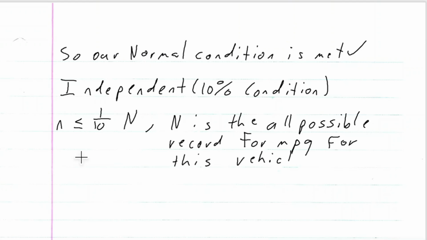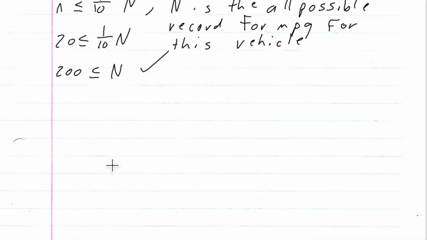Remember, n was 20, so 200 has to be less than or equal to capital N. I think it's safe to say that will be met. Out of all the records for this vehicle for tank emptying and then filling back up, I think that's safe. So all conditions are met.